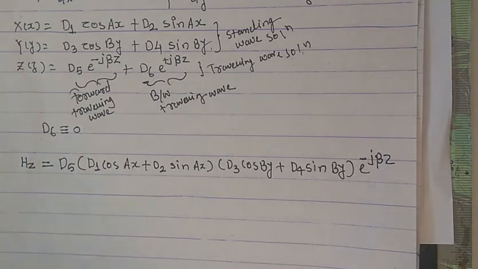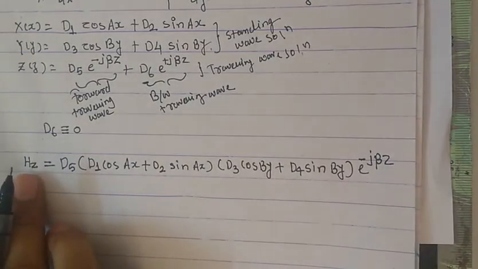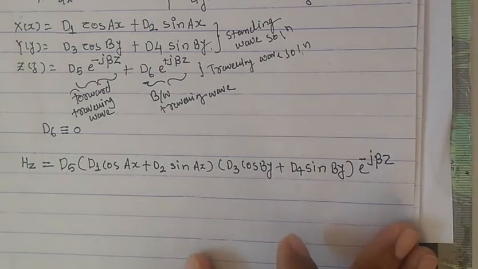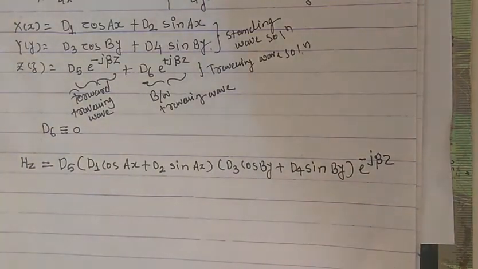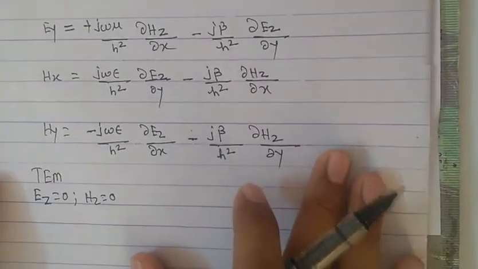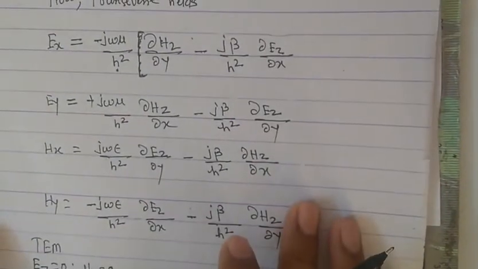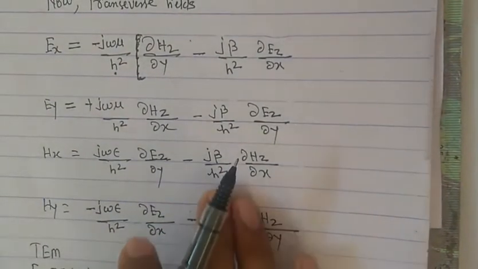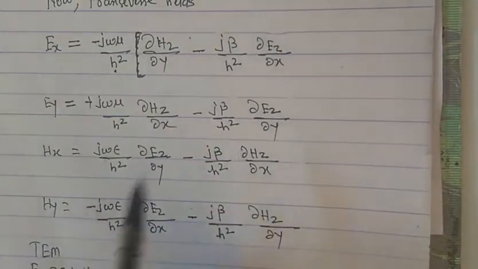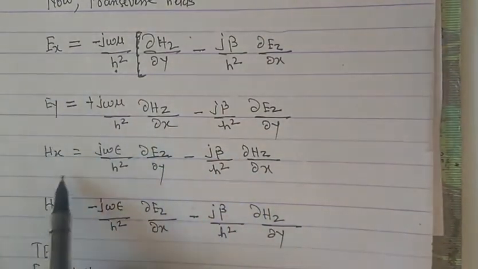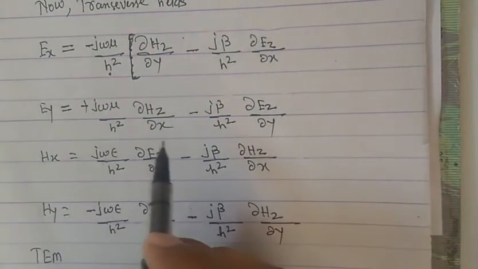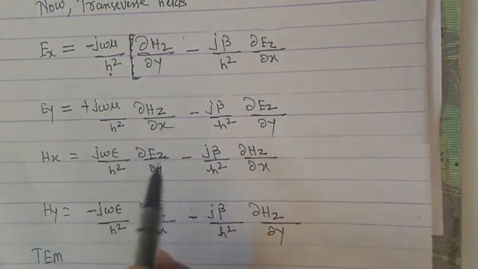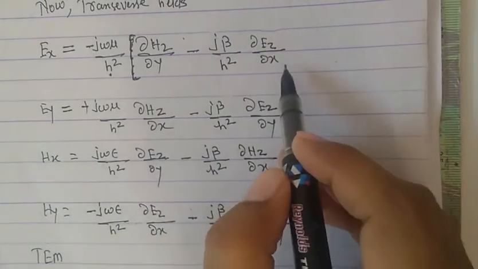So what we'll do, we have this tangential component. First we will substitute this Hz into the general solutions, because we have obtained these from our earlier class, the general approach lecture 2. We have obtained Ex, Ey, Hx and Hy. So from this, because we are now doing a TE mode analysis, Ez will be 0.